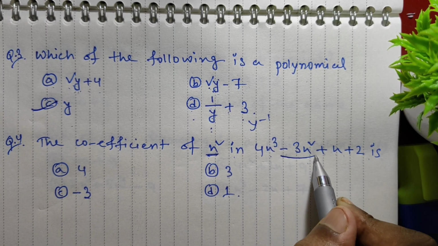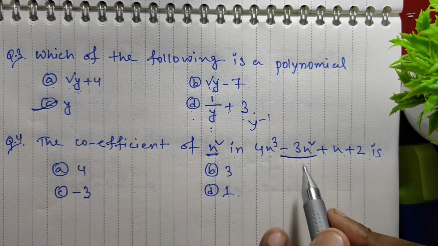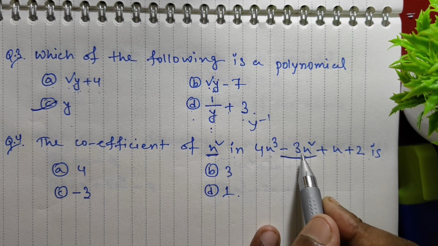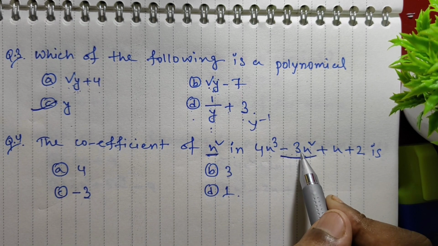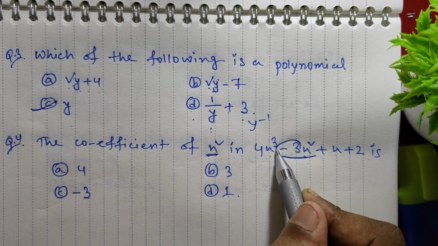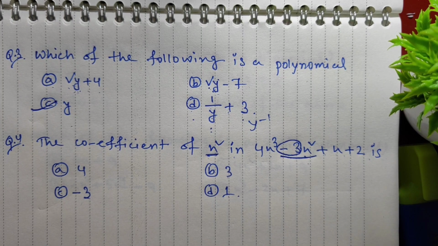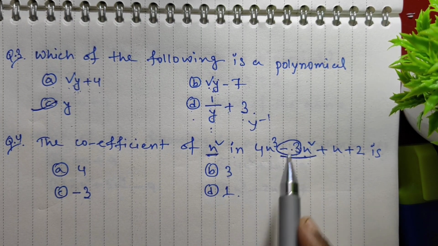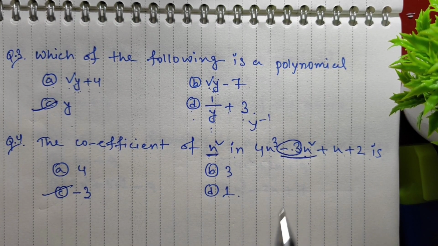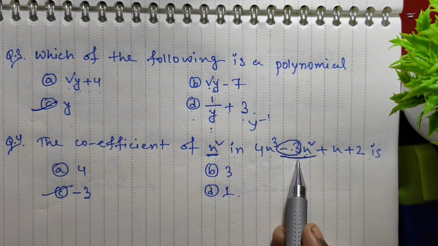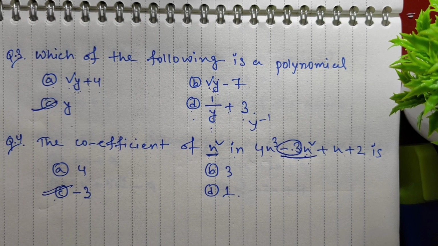Here is the term for x square. Now before x square, what is the number we are getting? We are getting 3. Actually not 3, minus 3. If there is minus, we have to consider this also. So before x square, what we have is the coefficient of x square. So the answer is minus 3, option C.